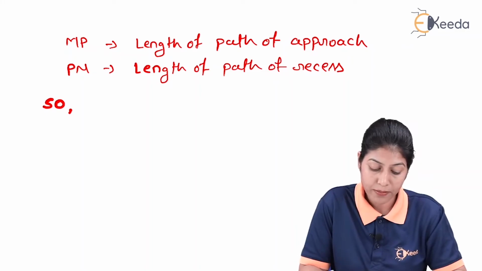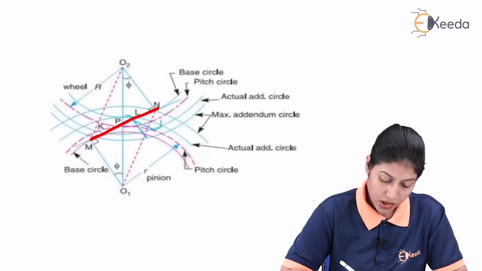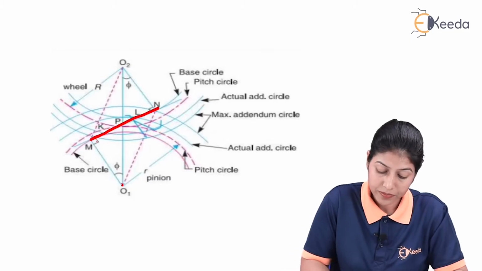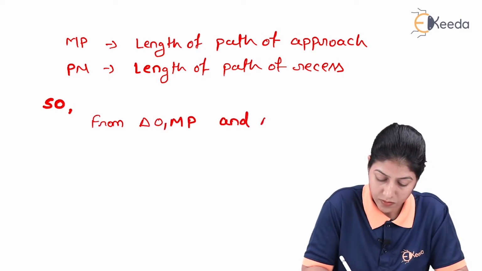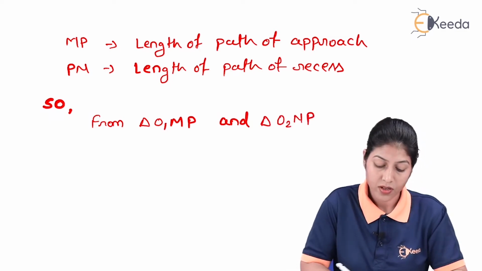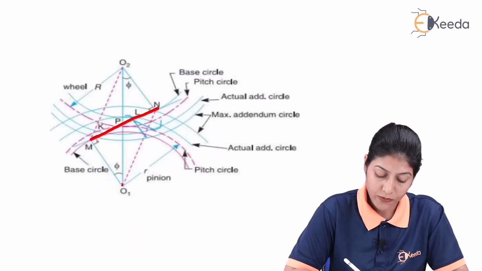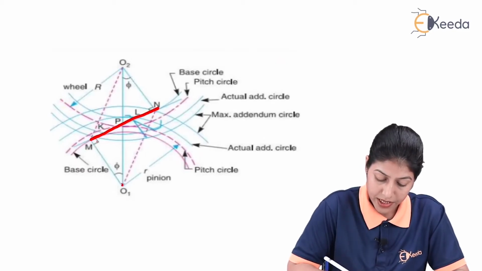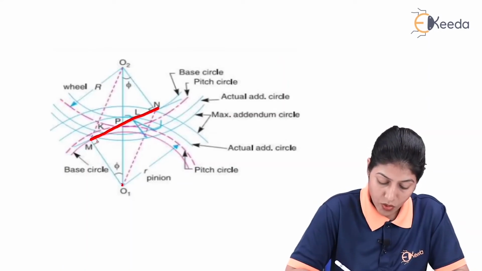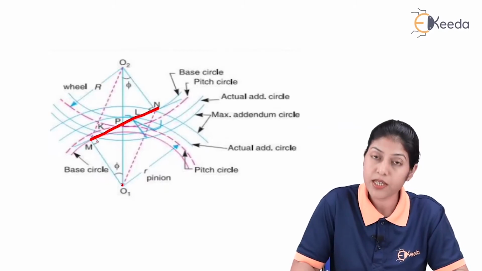To define MP and PN, we have to consider two triangles on the basis of this MN, the length of path of contact: O1MP and O2NP. The first triangle is O1MP. Here the radius O1M represents the radius of the base circle, and O1P represents the radius of the pitch circle of the pinion, denoted by small r.